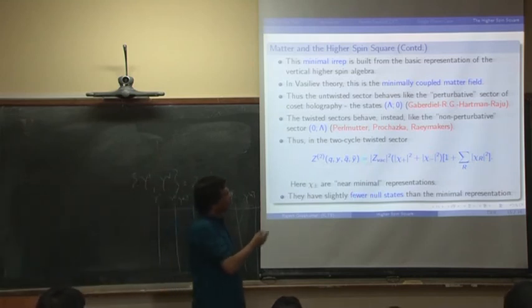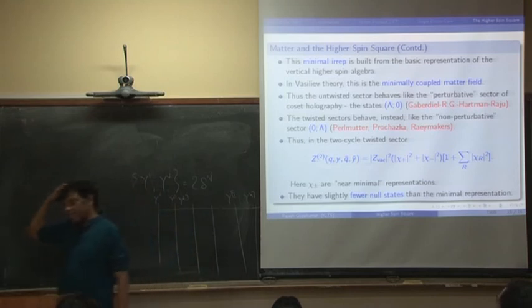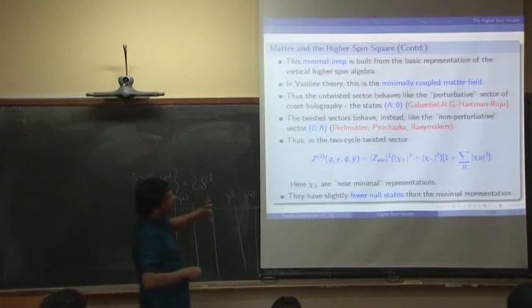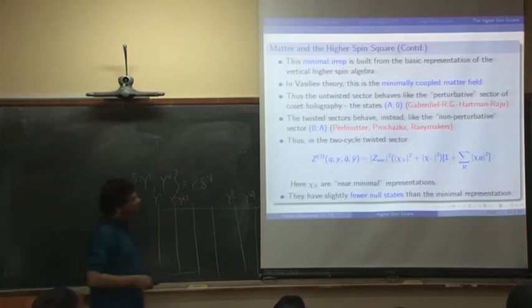So there is a class of these representations, and all twisted, in fact not just two-cycle, but all twisted sector representations are in these small representations, which behave like the sector which was more puzzling, which contained various light states and other things. So they behave like that.